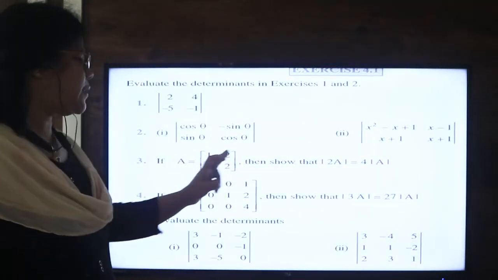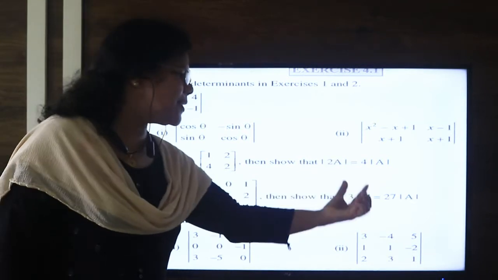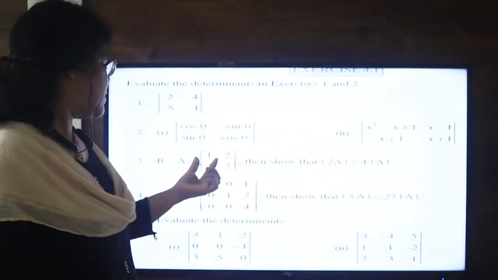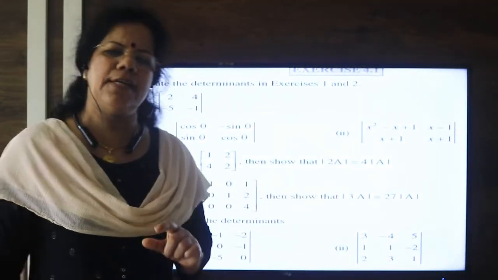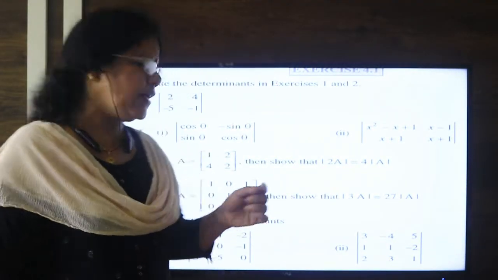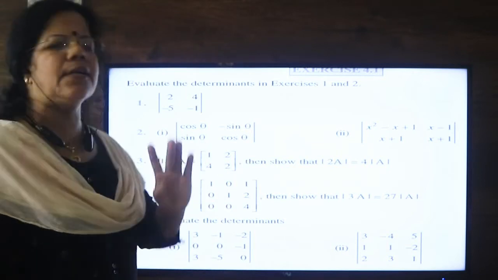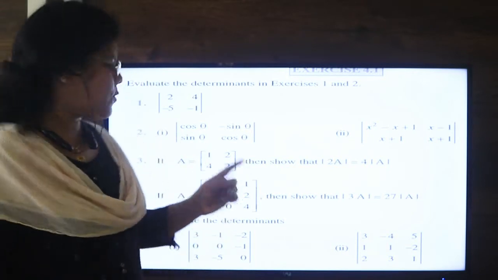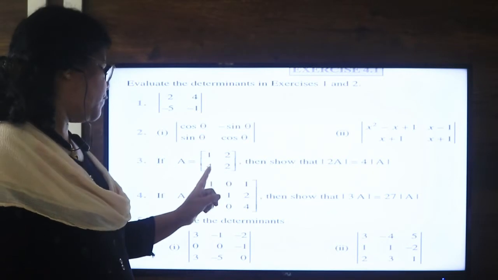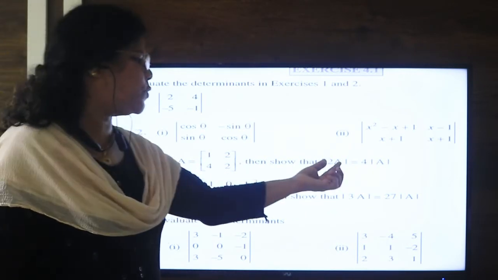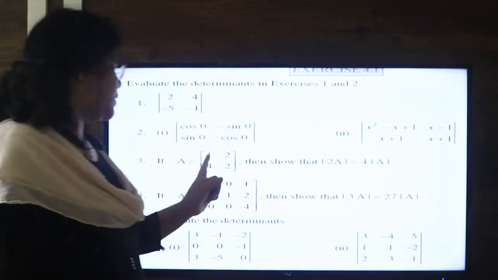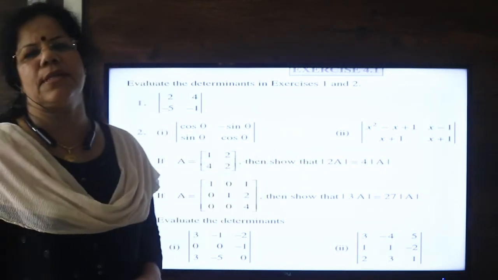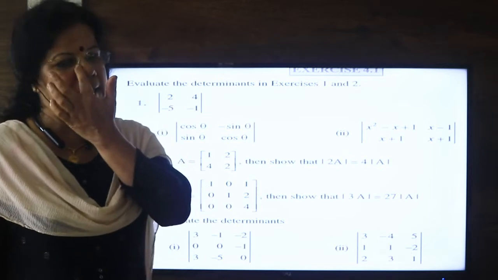Third one, if A is equal to this, then show that this is an interesting property actually. The matrix is multiplied with 2. We know if a matrix is multiplied with a constant, every element should be multiplied with the constant. So 1 into 2, 2 into 2, 4 into 2 and 2 into 2, that is 2A. And we can find out the value. Here determinant A is 2 minus 8, which is equal to minus 6, negative 6.